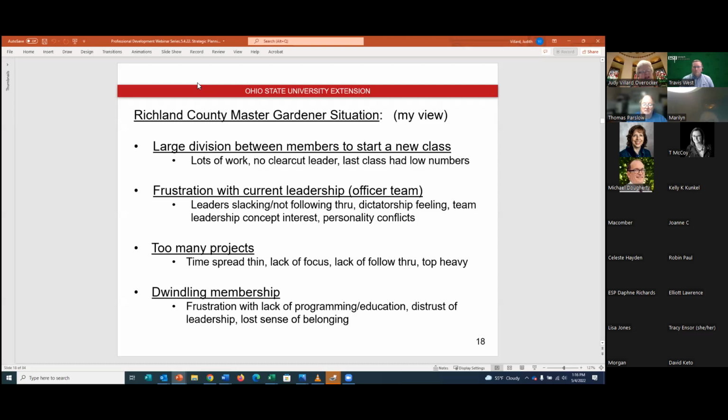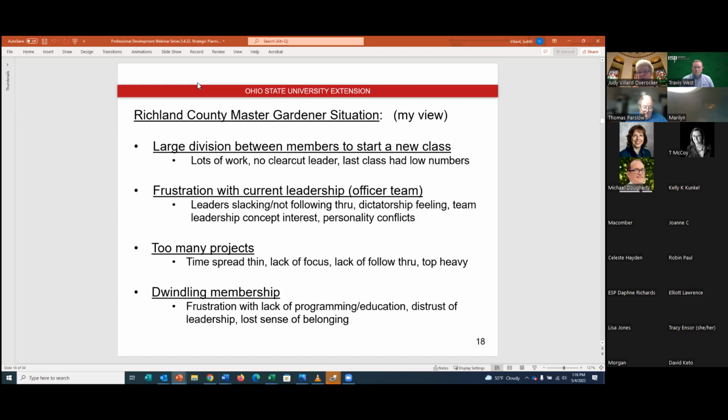So pretty challenging there, but the whole project thing that they work on. And then of course the dwindling membership. People that had been involved in the organization now were feeling, oh, I don't know if I want to be in this. I got my feelings hurt, or they didn't welcome me back, or somebody didn't talk to me at one meeting. And so people weren't coming back.